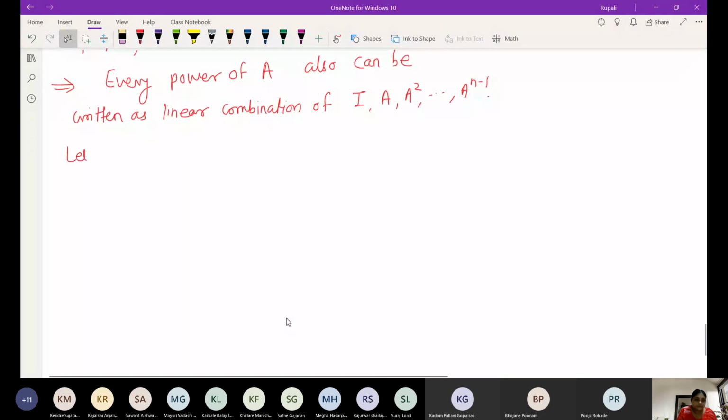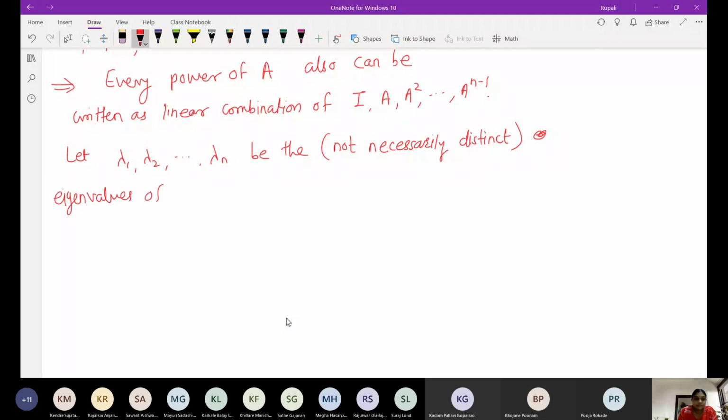So let lambda 1, lambda 2, up to lambda n be the eigenvalues of A, not necessarily distinct, with each eigenvalue repeated as many times as its multiplicity.